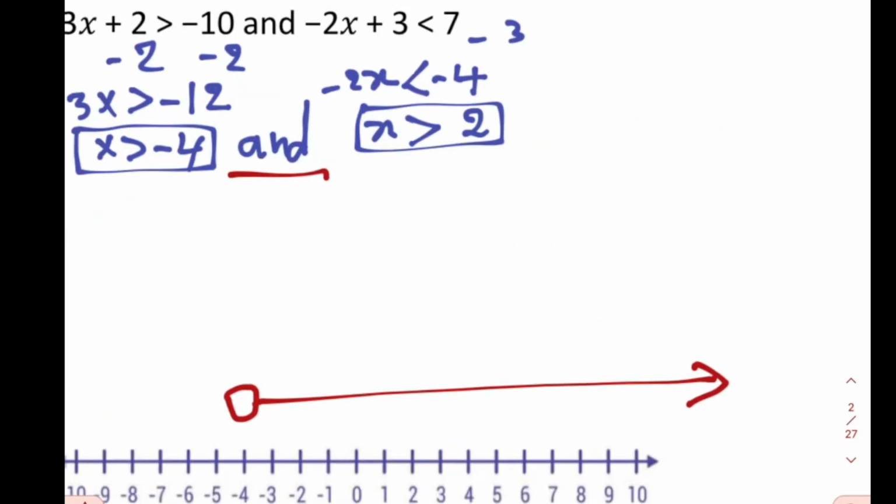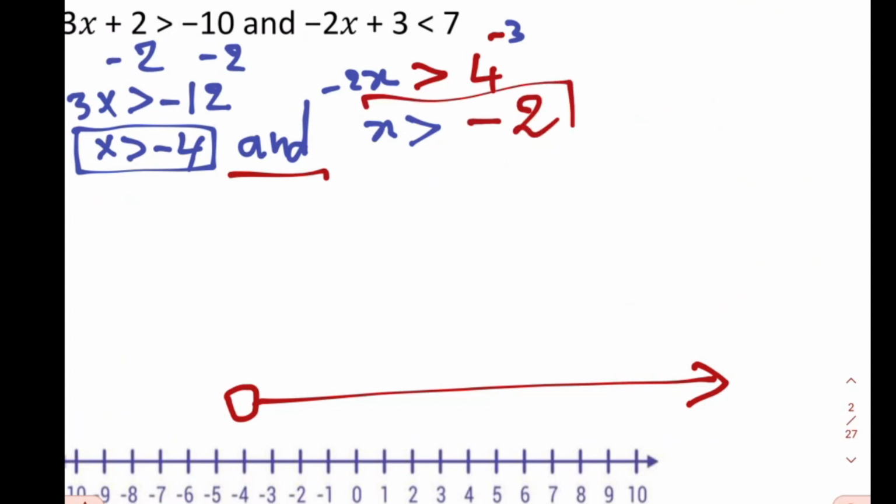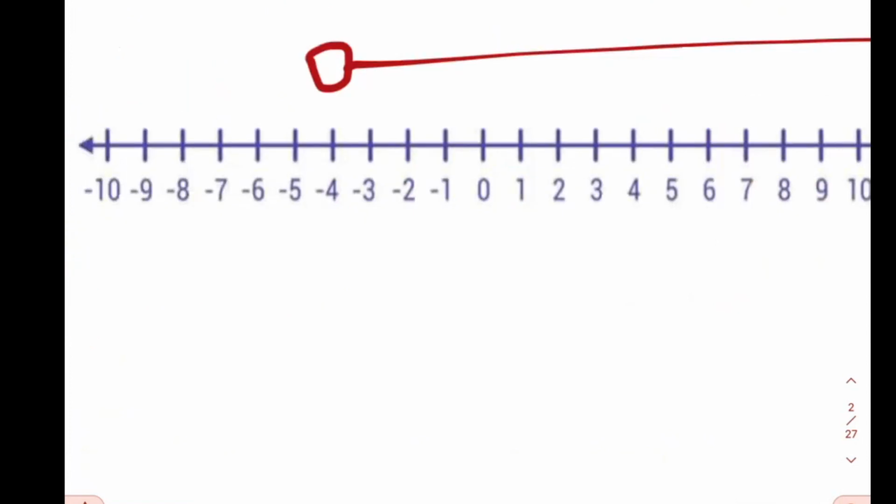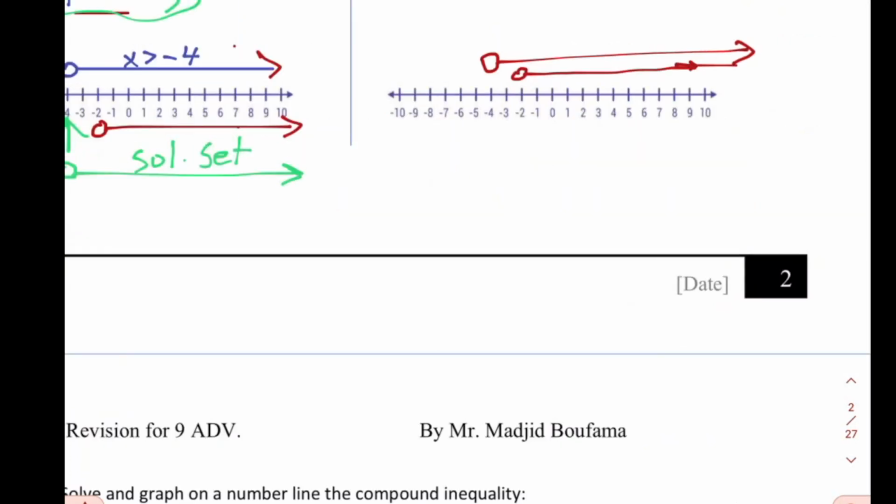Here I have made a mistake. 7 minus 4 is not negative 4. 7 minus 3 is 4, and then when you divide, you get negative 2. Okay, I corrected my mistake. So you go from negative 2 and above, and it can go forever.